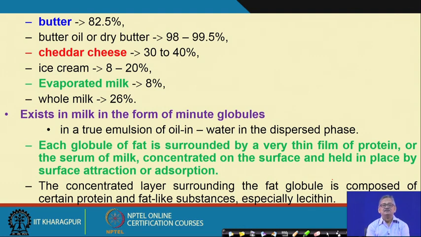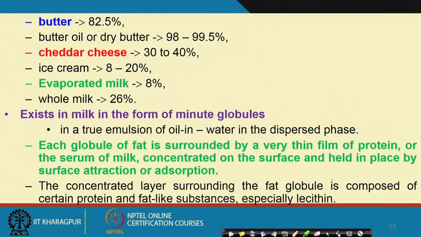As we said, the fat globule has a membrane, and this membrane is generally around 10 nanometer thick. The concentrated layer surrounding the fat globule is composed of certain proteins and fat-like substances, especially lecithin.